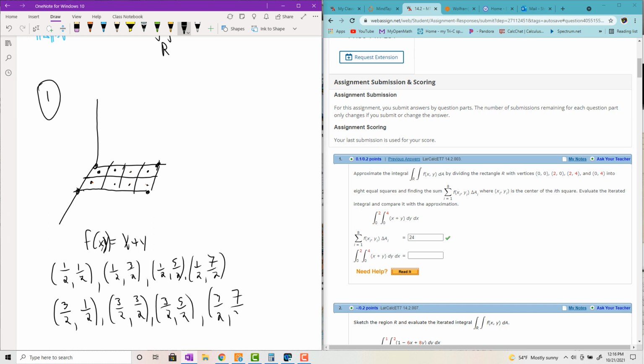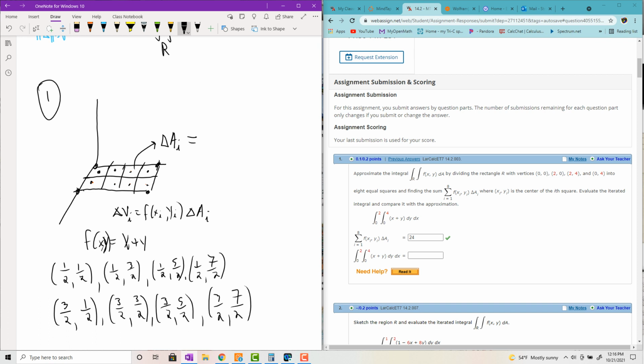Okay. So the area of one particular one of these, because of course for the volume increment, we're going to need f of x sub i comma y sub i times change in A sub i, right? So let's figure out what the area increment is, and it's always the same because of the way we've developed our squares here.